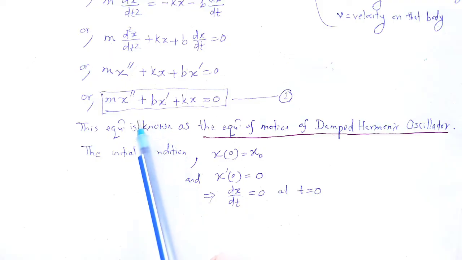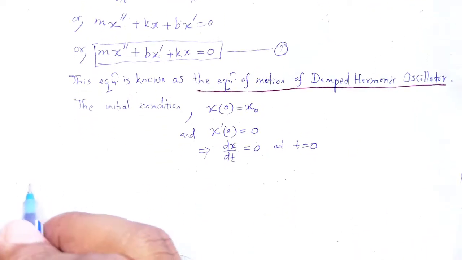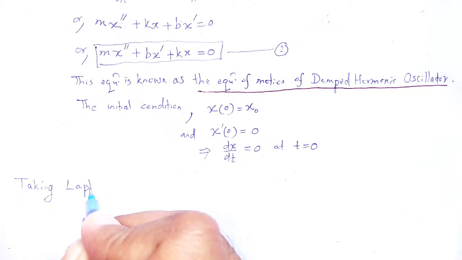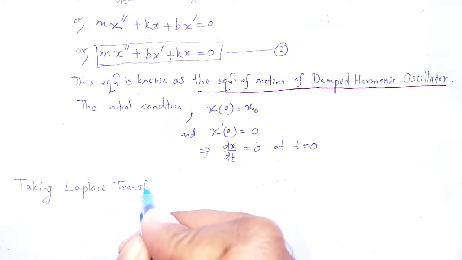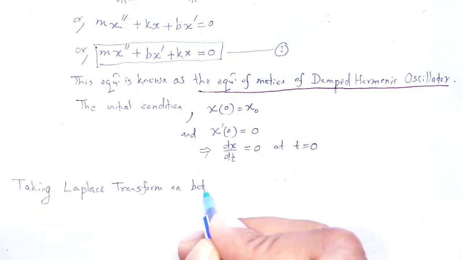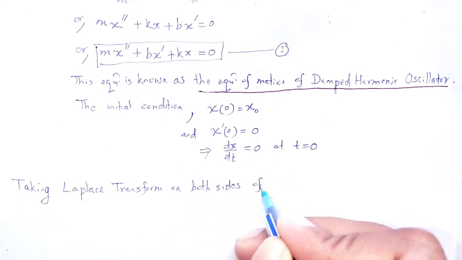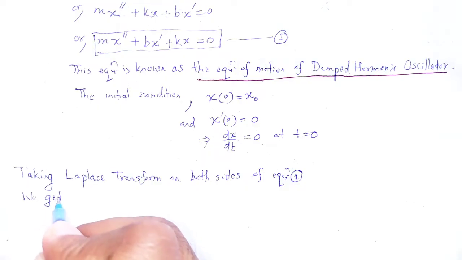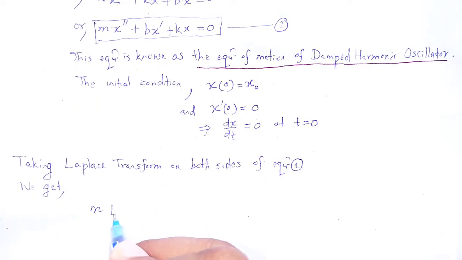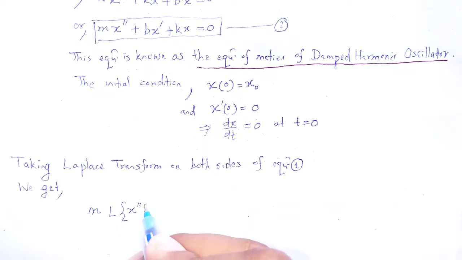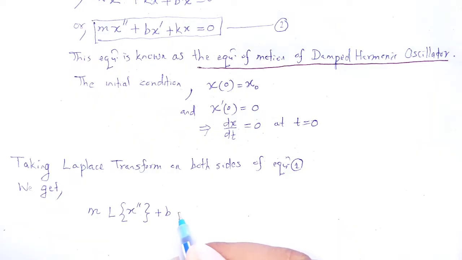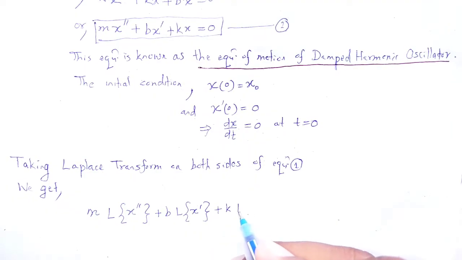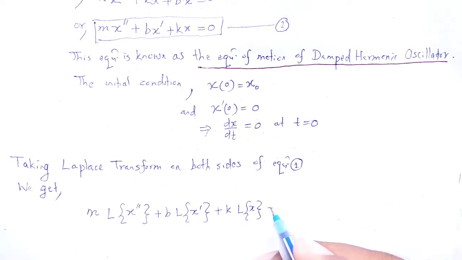So, taking the Laplace transform on both sides of equation number 1, we get m Laplace transform of x double dash plus b Laplace transform of x single dash plus k Laplace transform of x is equal to 0.